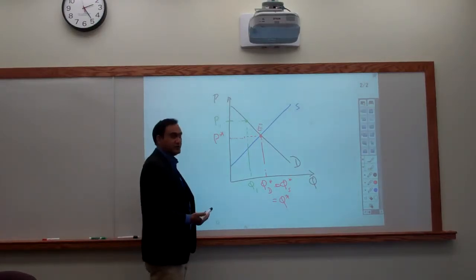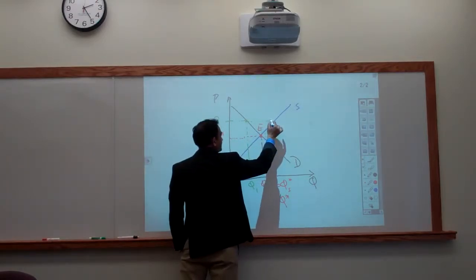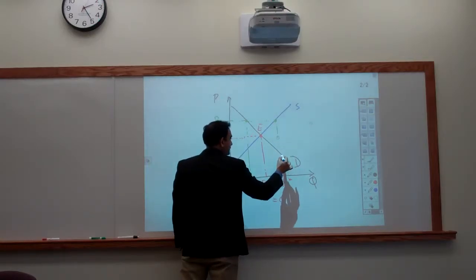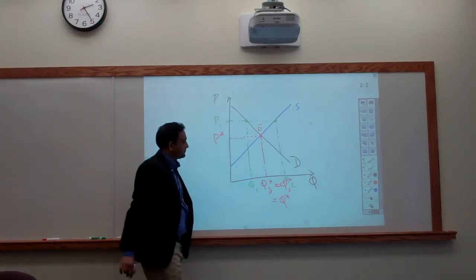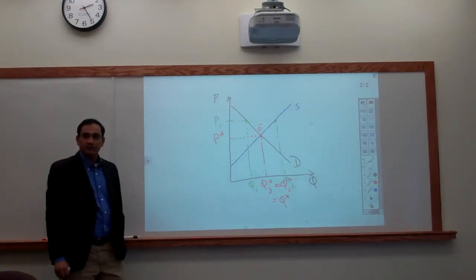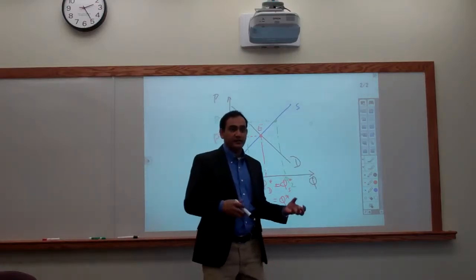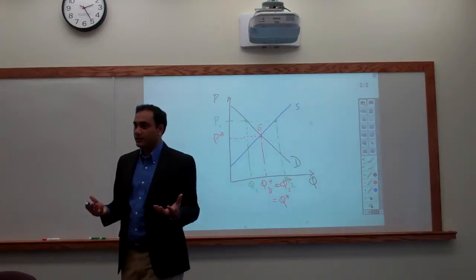But what happens to the supply here? At the same price P1, you can see the supply is going to be higher, Q2. Can you see the divergence between the seller's plan and the buyer's plan? The quantities are not matching anymore.